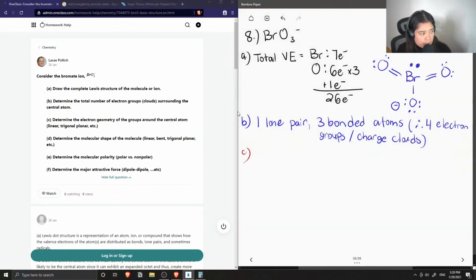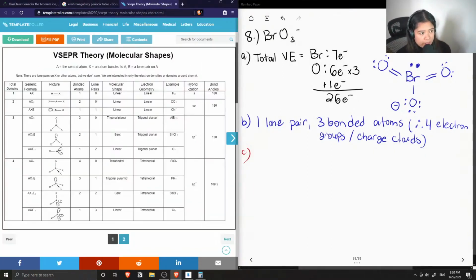Okay, so for part C, we need to determine the electron geometry of the groups around the central atom. So we know the number of charge clouds and the number of lone pairs. If we use a VSEPR chart, then this will help us answer the remaining questions. When we have 1 lone pair and 3 bonded atoms, this gives us a trigonal pyramid molecular shape.